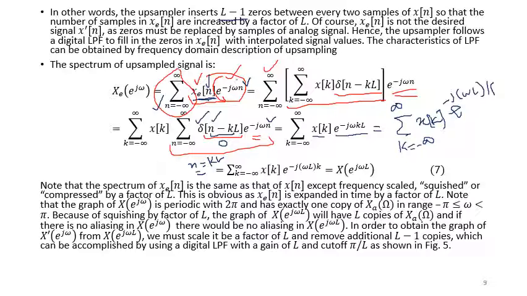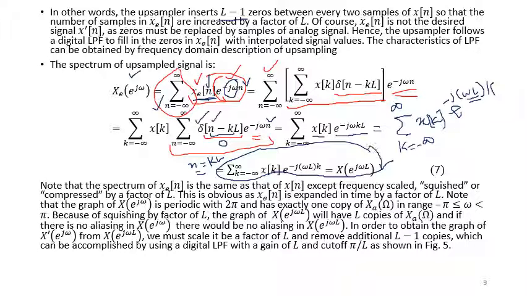Because here it is j omega, we say this is X of e^(j omega). But now, instead of omega, we have omega L. So that's the final expression for the upsampler.